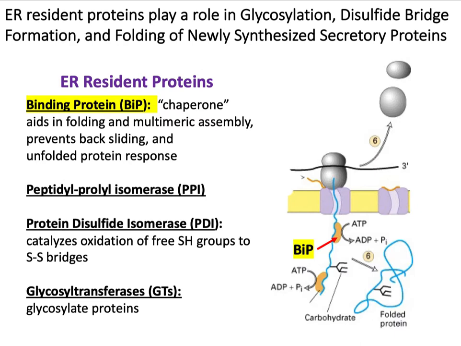In this case, BiP will aid in folding and multimeric assembly of the proteins. So as proteins are being synthesized and extruded into the ER, BiP can bind to them and help them fold properly. And if proteins must interact with other protein subunits, then BiP can assist in the formation of protein complexes.